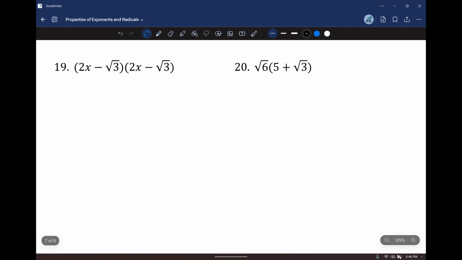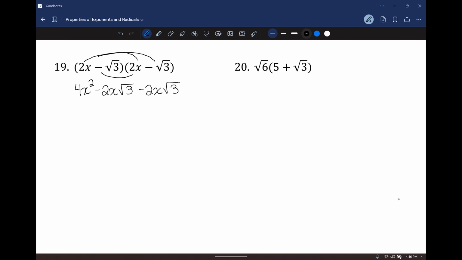All right, number 19, we have 2x times 2x is 4x squared. 2x times negative square root of 3 is negative 2x square roots of 3. Negative square root of 3 times 2x is negative 2x square root of 3.